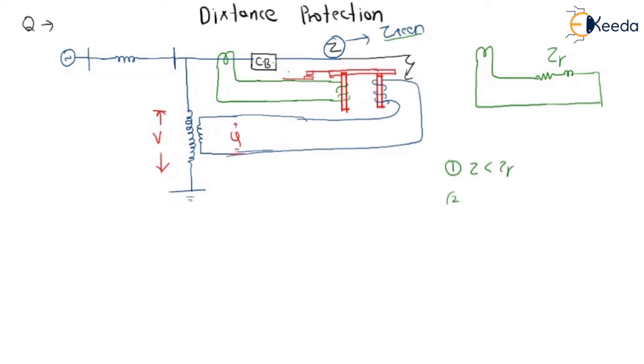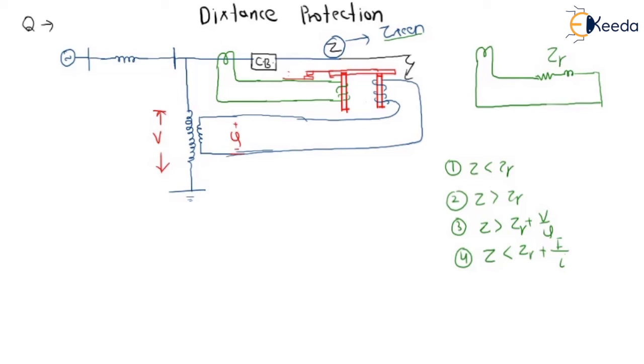The second option is Z is greater than ZR. The third option is Z should be greater than ZR plus V upon small v. The fourth option is Z should be less than ZR plus capital I upon small i. We have to choose one option from these four.